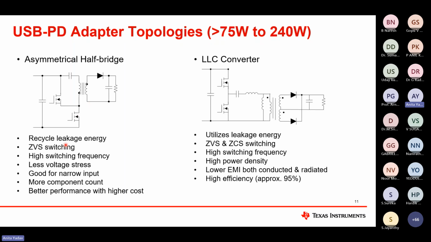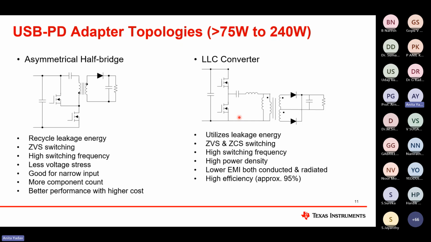This topology also recycles leakage energy, provides ZVS, high switching frequency, less voltage stress, is good for narrow input, and has more components than QR flyback, but also gives better performance like the ACF, at a cost.